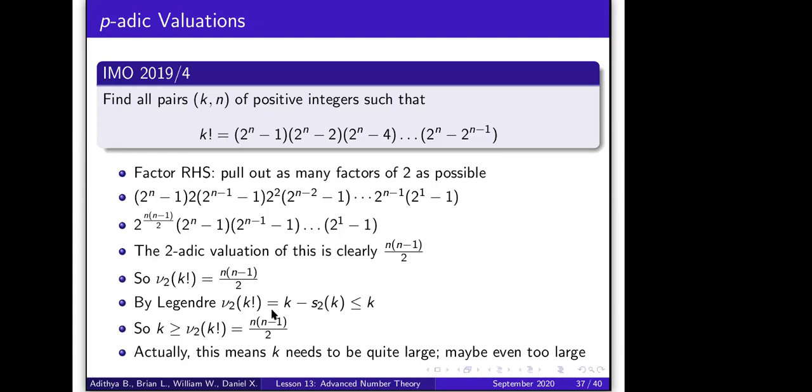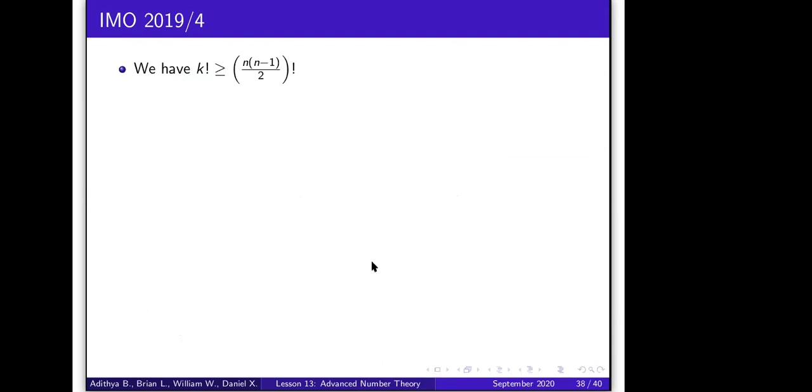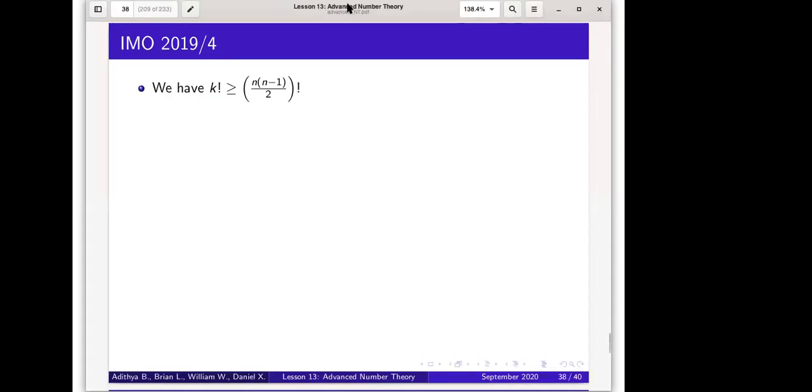So what would be something that we would want to do? Well, we can do some bounding, right? Because k factorial is clearly at most n times n minus 1 over 2 factorial.